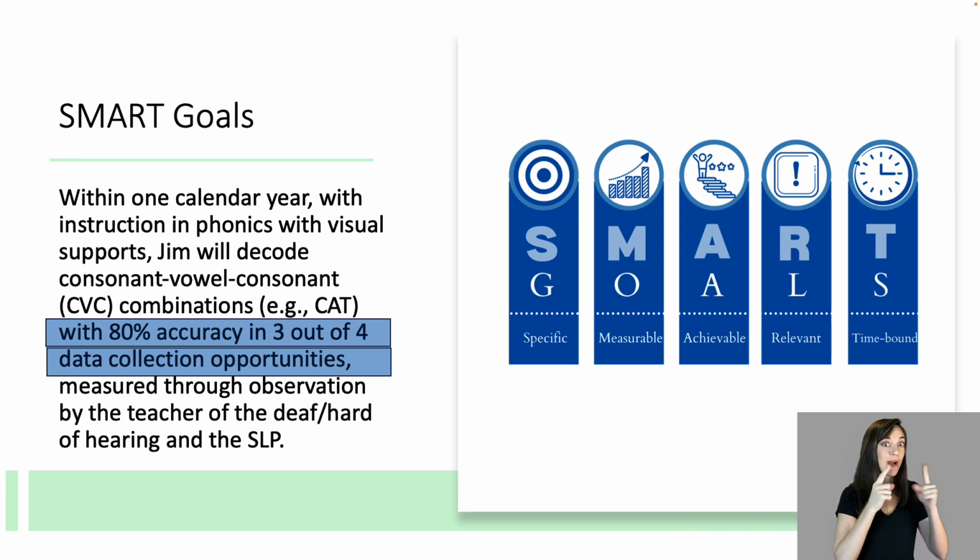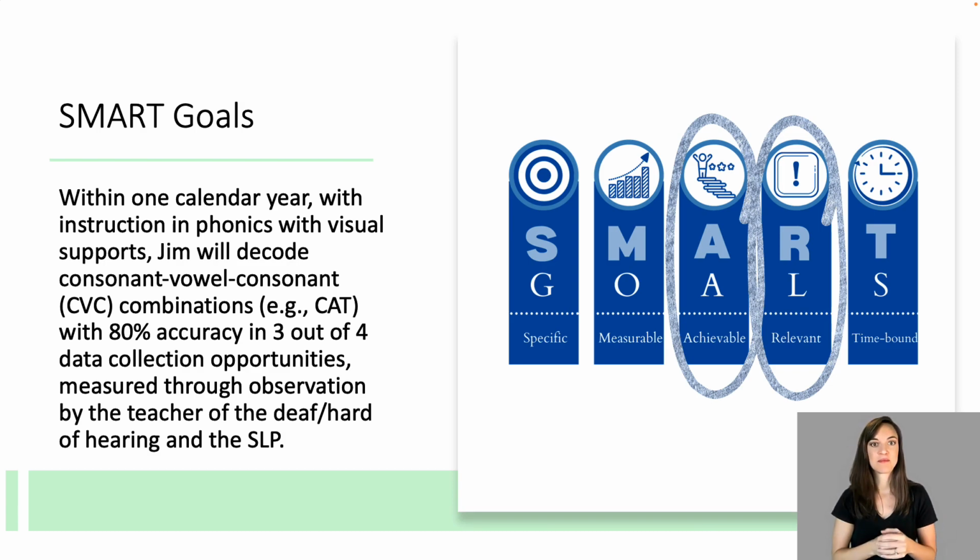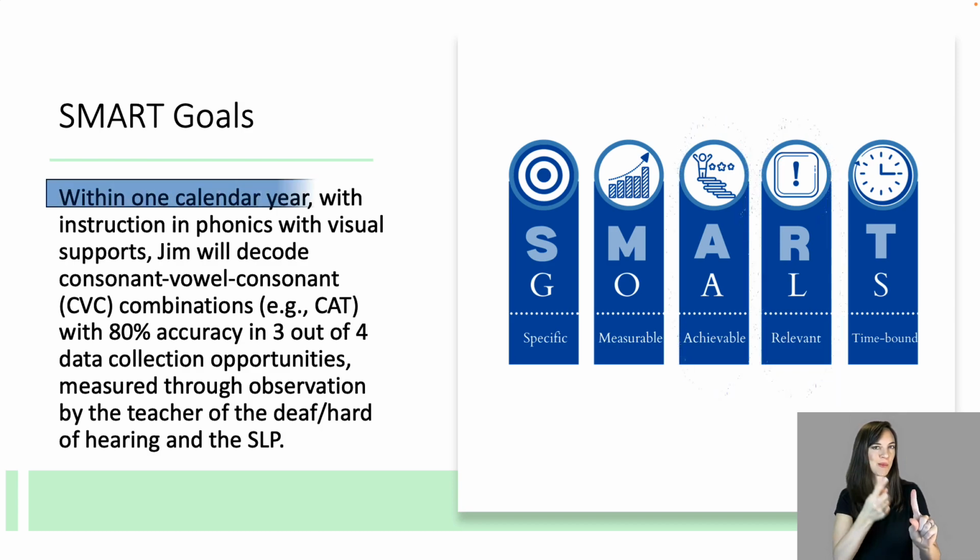And it is both achievable and relevant to the application of the goal as it relates to the child's present levels of performance. Remember, the same goal may be attainable for one student and not for the other, as they may not be performing at the same levels. Knowing the child's present levels of performance is crucial to writing appropriate goals. And lastly, it is time-bound, within 1 calendar year.